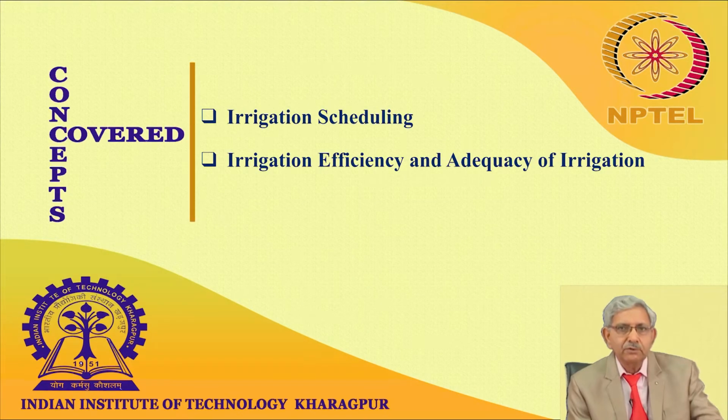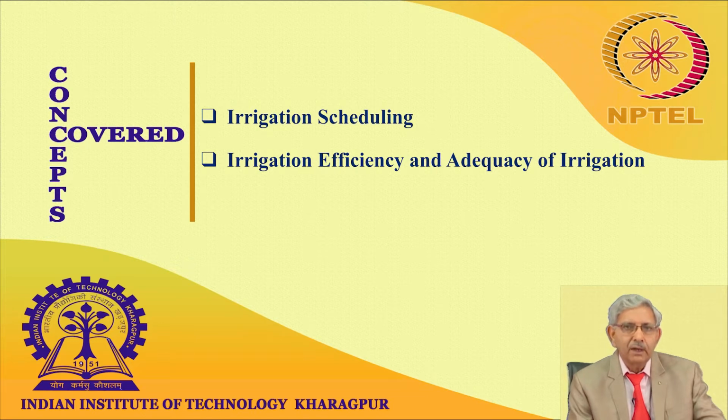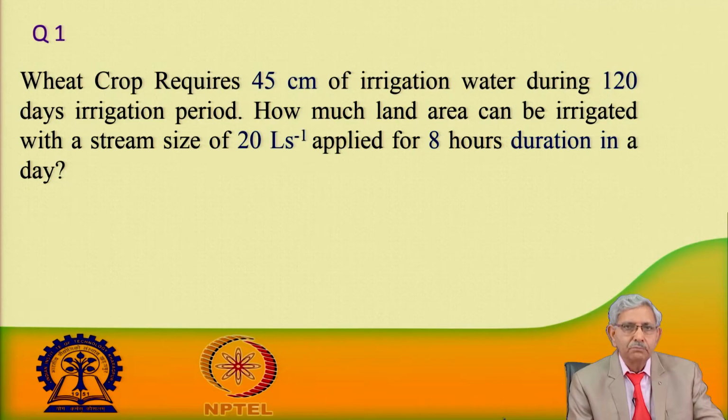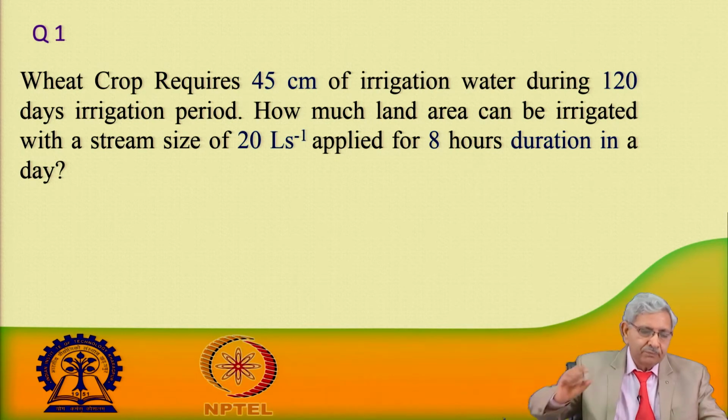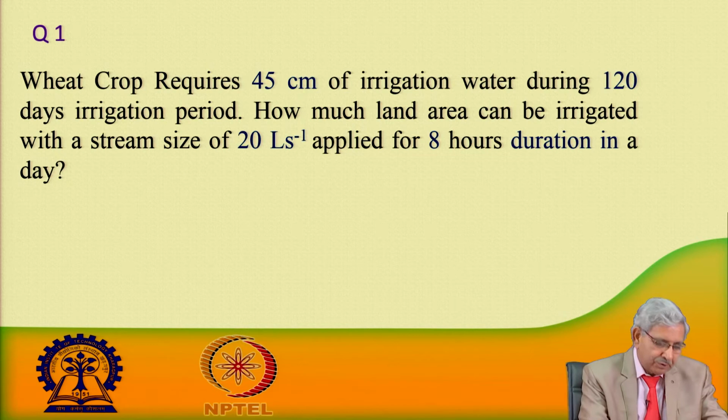Now, in this tutorial class 3, we will be working out problems on irrigation scheduling, irrigation efficiency and adequacy of irrigation. Question 1 is on a wheat crop.